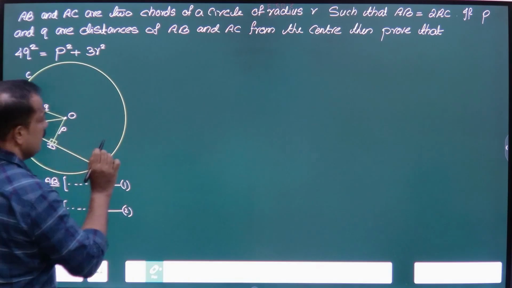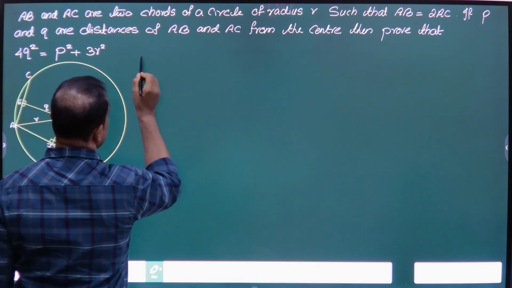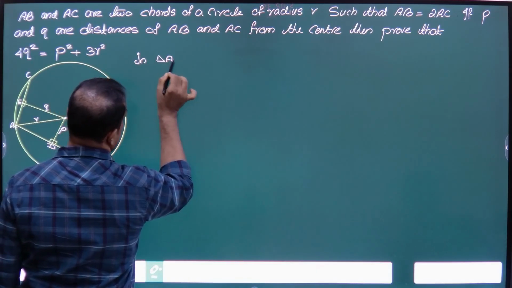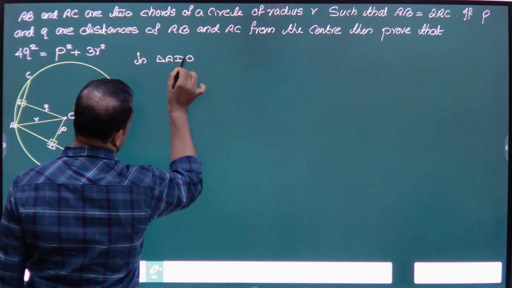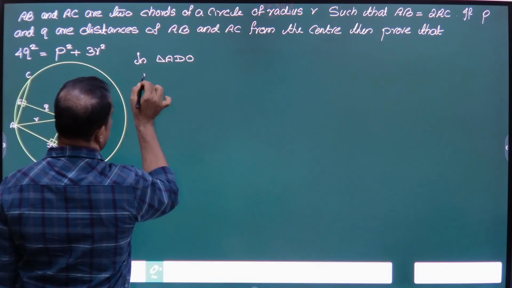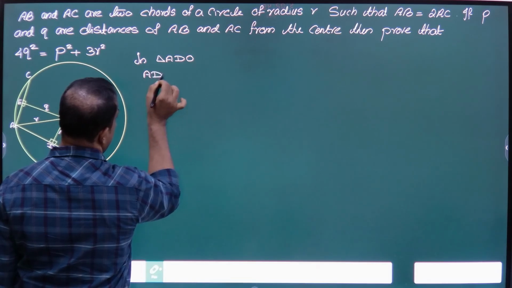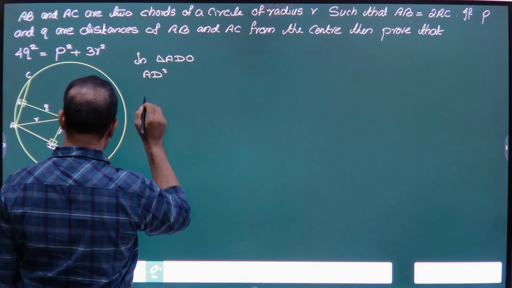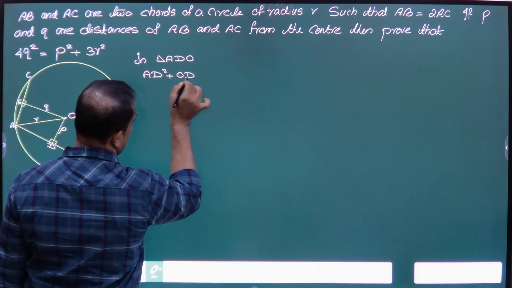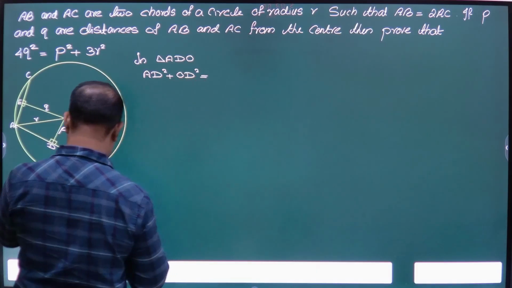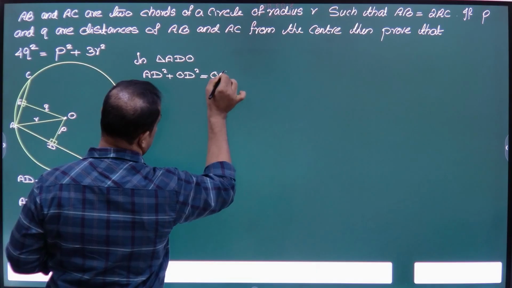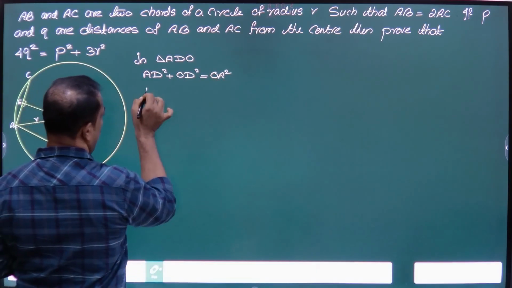In triangle ADO, AD square plus OD square is equal to OA square.